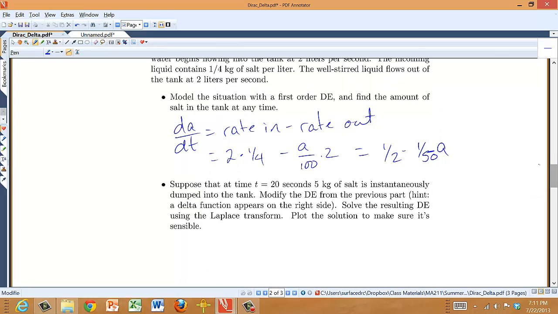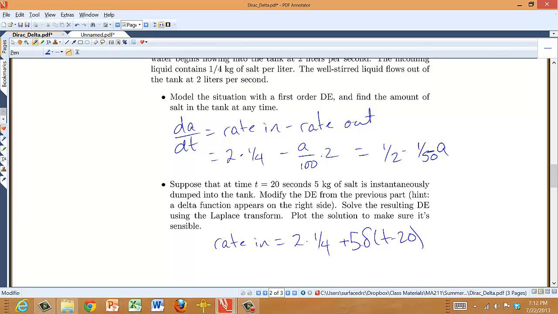Let's see, so what do we do? Well, our rate in is going to be what? Well, you'll have the normal inflow rate, so we'll have our 2 liters per second times a 1/4 kilogram per liter. Plus at time 20 you have this extra salt flowing in. So you'll have this salt being added instantaneously, delta of t minus 20. And how much is there?